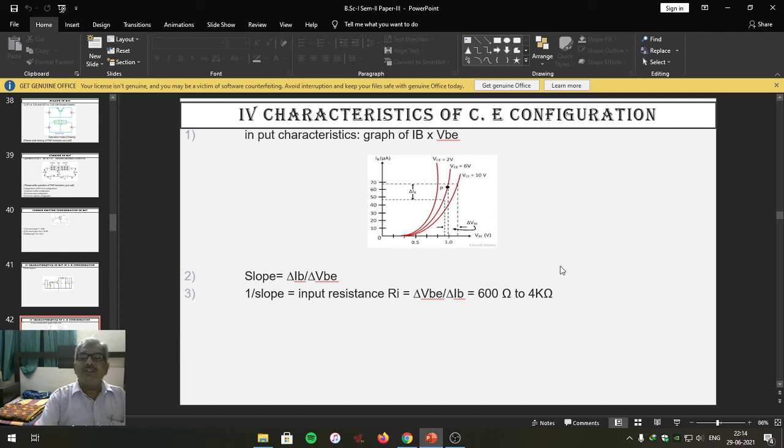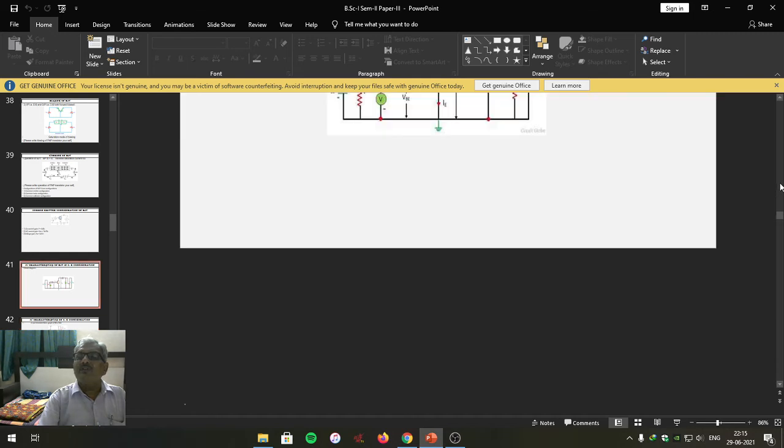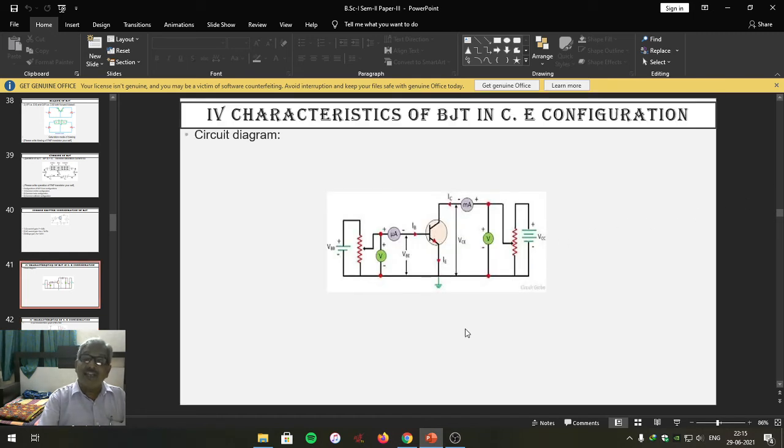Now to plot the output characteristics, the procedure, using the same circuit diagram, is to keep the base current IB constant, vary VCE and note down IC. Then plot the graph of IC against VCE for constant IB for different sets of input current.